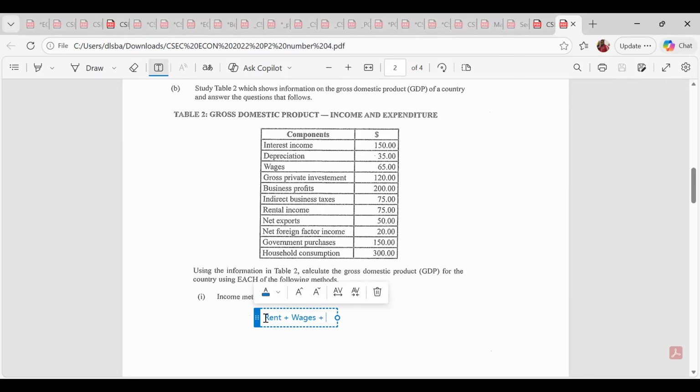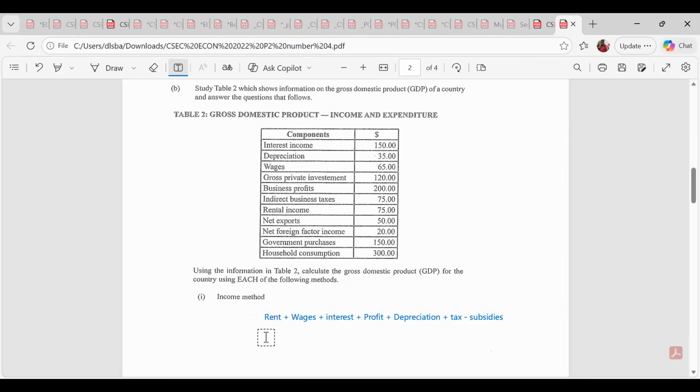Capital is interest, and entrepreneurship is profit. Now we have to make our adjustments. We're going to add any depreciation and tax, and minus any subsidies if it has any.